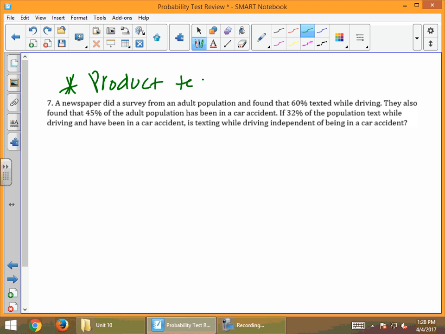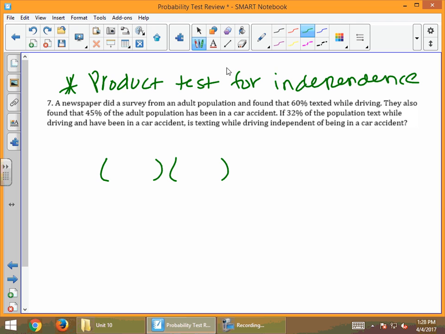That's the test for independence. Meaning, all you have to do is multiply the two probabilities together, and it should equal the probability of their intersection, A and B, if they're independent. Well, look at that last sentence, like Mr. Carr said.